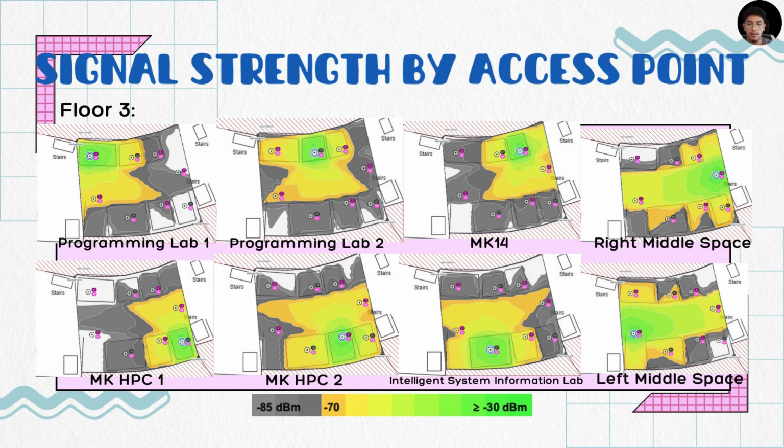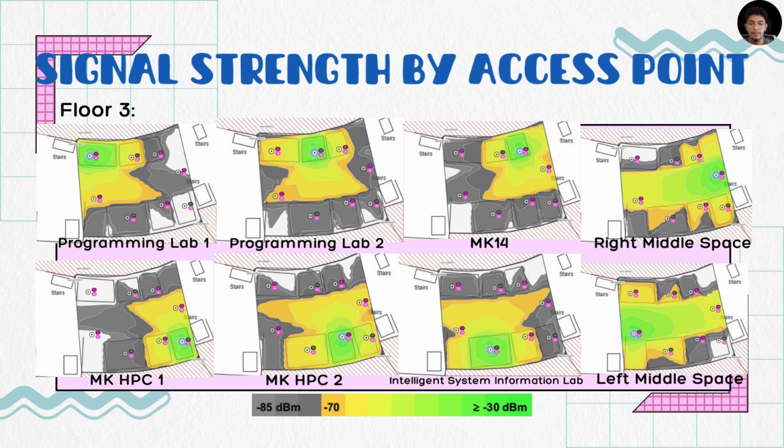And then in the MK HPC1, HPC is for high performance computer. And then in the MK HPC2, and then in the Intelligent System Information Lab, that is for students to do their research or projects in the lab.